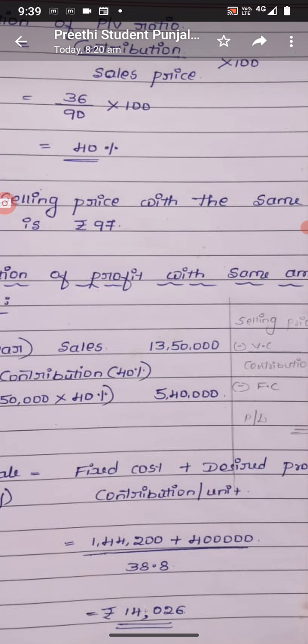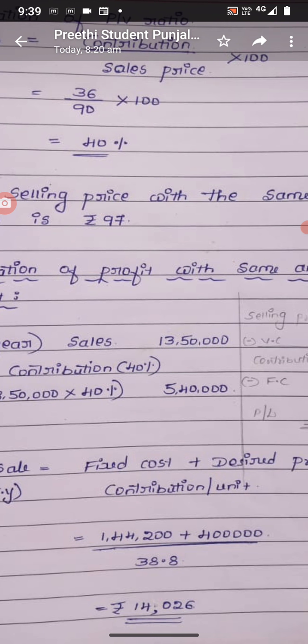Okay, here your classmate Preeti has written 14,026 as rupees, but it is not rupees, it is units.